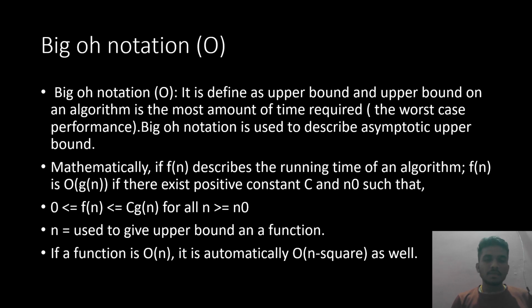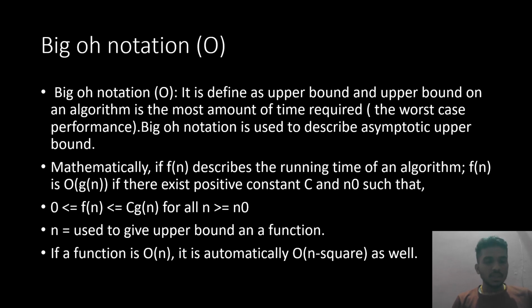Mathematically, if f of n describes the running time of an algorithm, f of n is O of g of n if there exist positive constants c and n naught such that 0 is less than or equal to f of n less than or equal to c g of n for all n greater than or equal to n0. It is used to give an upper bound on the function.